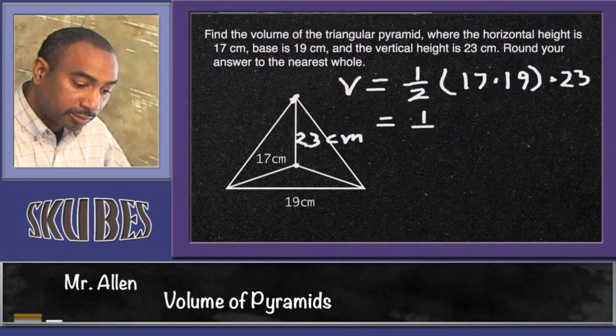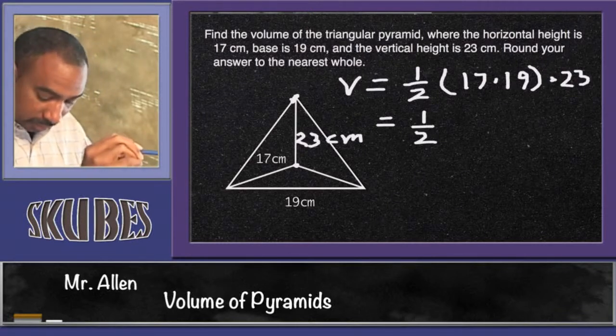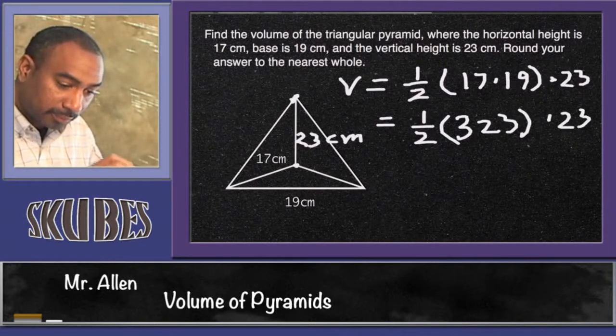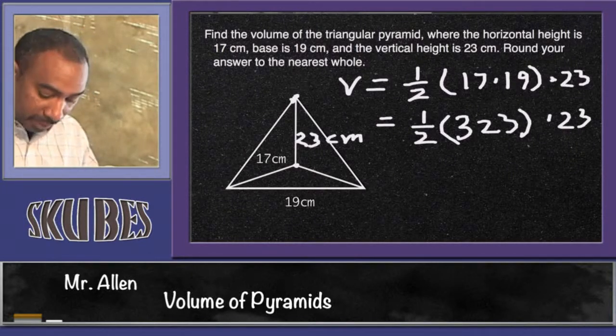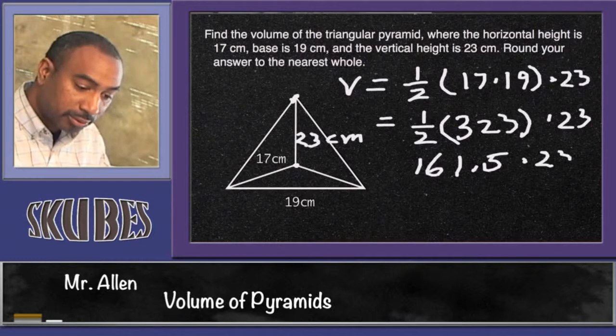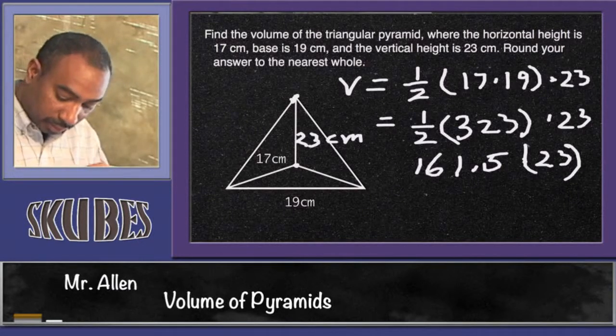So you get 1/2 times 19 times 17, which is 161.5, times 23. You should divide that by 3. You're going to get roughly 3,714.5.